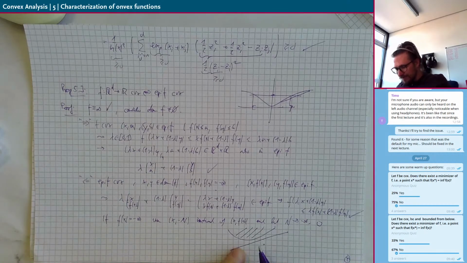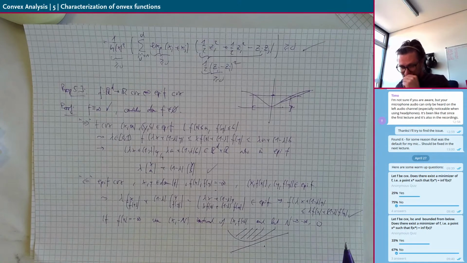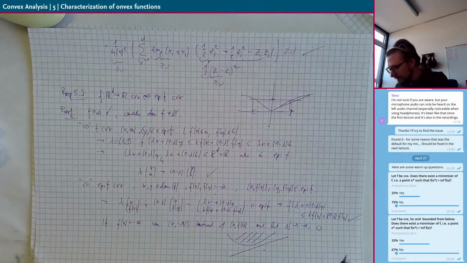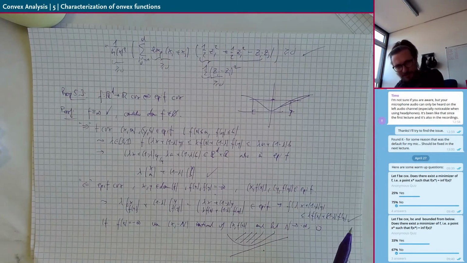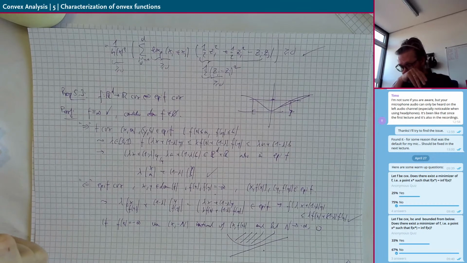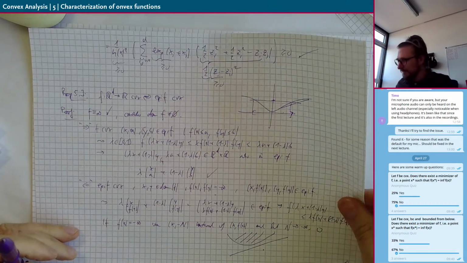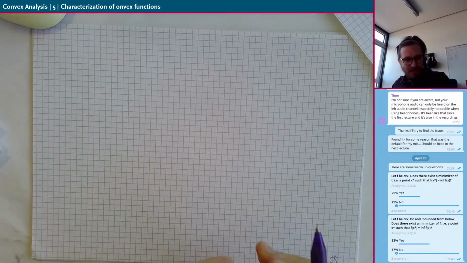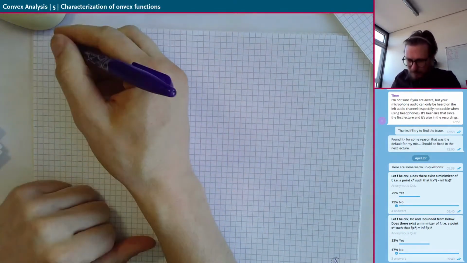So now we can find affine functions below, even without differentiability. We talked about a picture like this in the case of differentiability. Convex functions need not be differentiable, but anyway, we still have affine functions below. So that's the content of the next proposition.